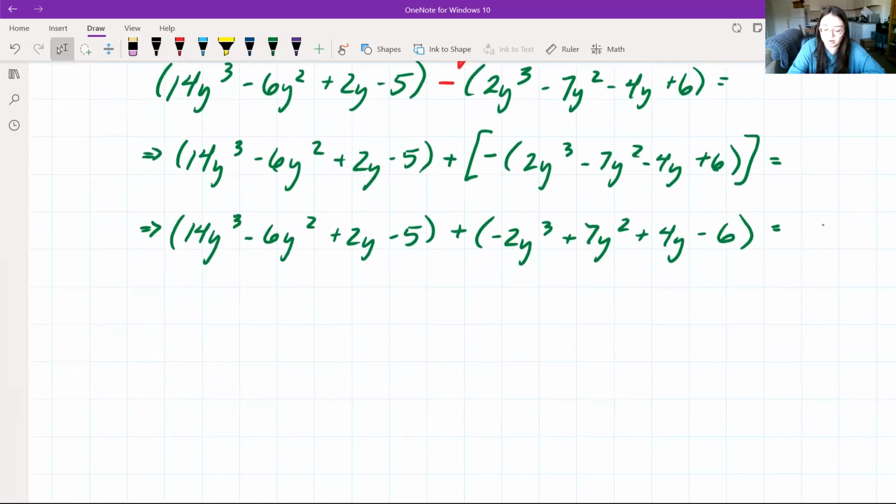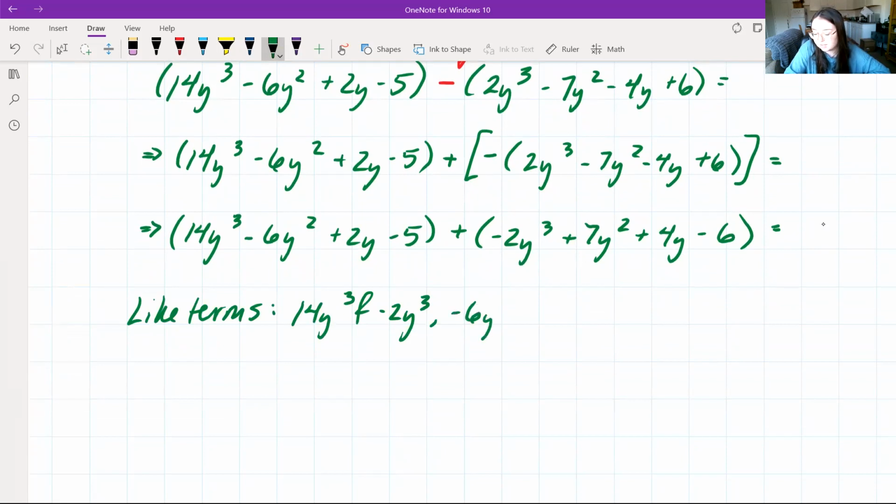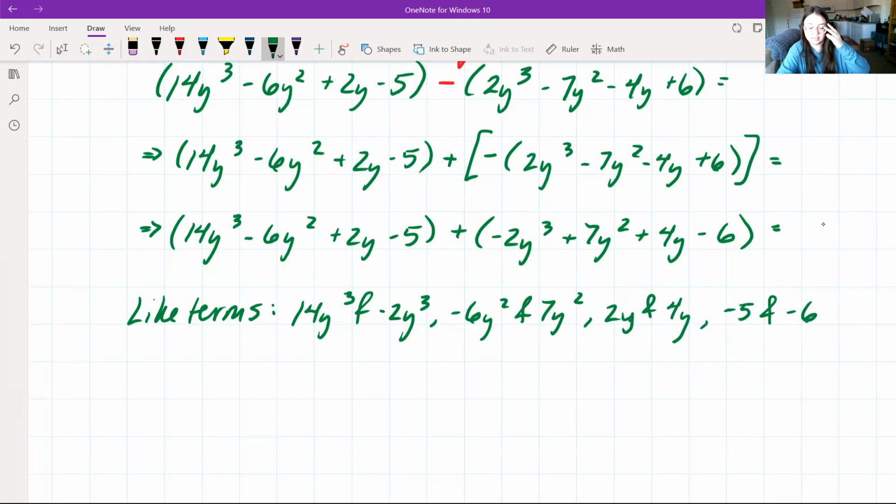So we're going to go ahead and identify our like terms. Our like terms in this case will be 14y cubed and -2y cubed, -6y squared and 7y squared, 2y and 4y, and lastly, -5 and -6. So let's go ahead and regroup our equations here.